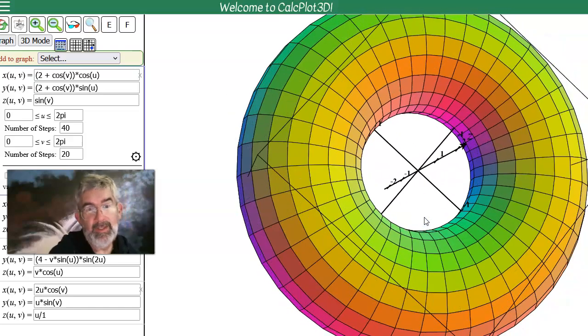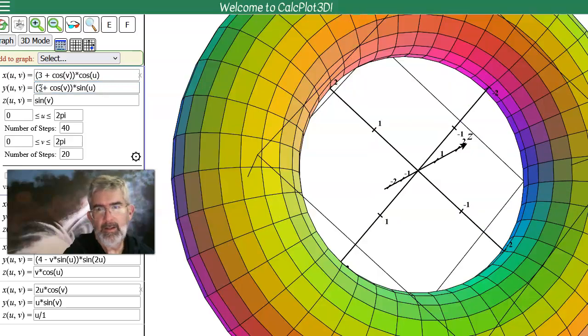And I can see how to change things here too. If I want it to be, say, a bigger main diameter, I can change this 2 to a 3, for instance, and the whole donut should get bigger. Yeah, right.